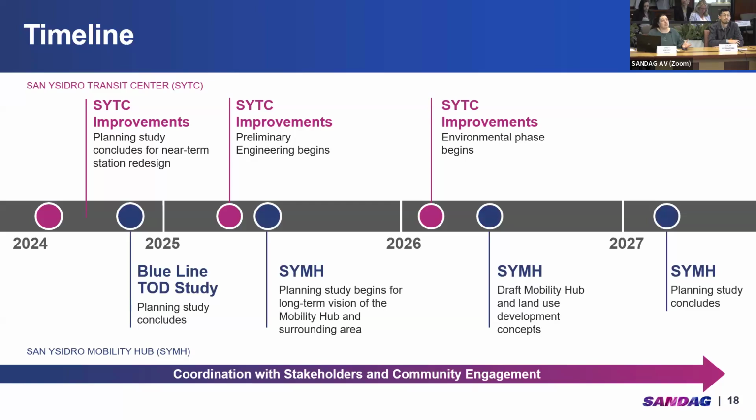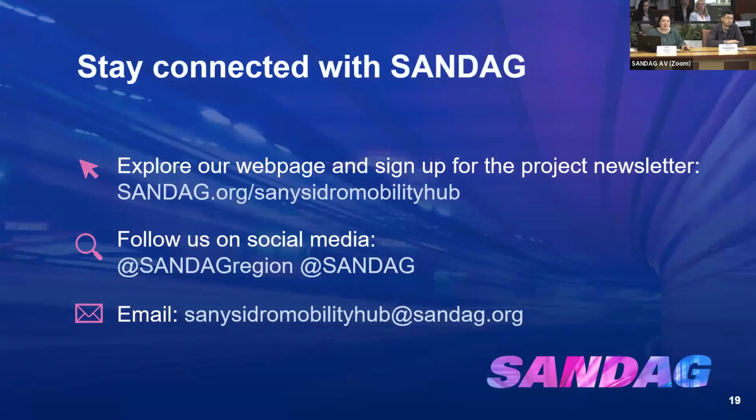And for that long-term vision, the Blue Line TOD study, the study I just talked about, really feeds into that long-term vision concepts for the San Ysidro Mobility Hub. The San Ysidro Mobility Hub planning will begin this year in 2025. And in 2026, you'll see draft Mobility Hub and land use development concepts, as well as the planning study concluding in 2027. And with that, we welcome any questions, comments regarding these different studies.